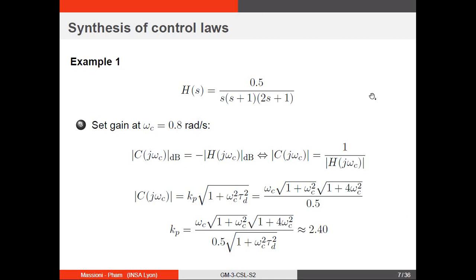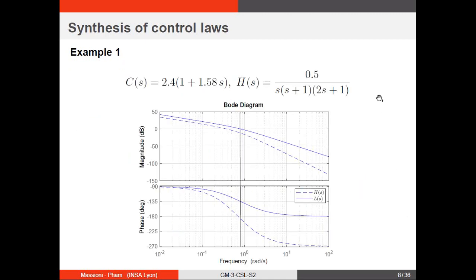So the two parameters have been solved, and this is the final result put together. You have the Bode diagrams here, the Bode diagram of H alone, the one we saw before, which has the wrong crossover frequency and the wrong phase margin.